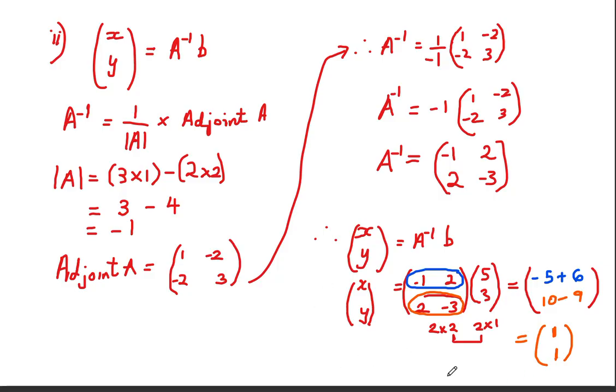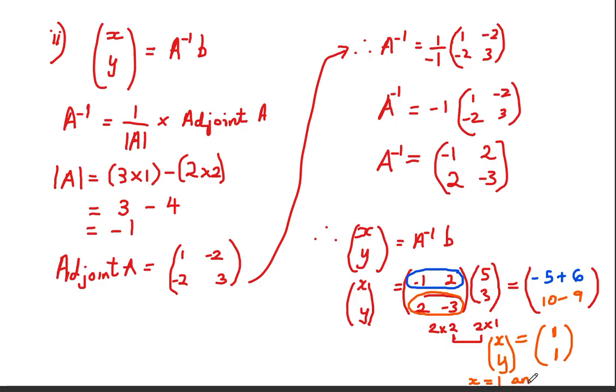So therefore, we have come to a conclusion that xy, which is what we're solving for, is equal to 1, 1. Since xy is equal to 1, 1, it means that x is equal to 1, by matching the corresponding elements here. X is equal to 1 and y is also equal to 1.